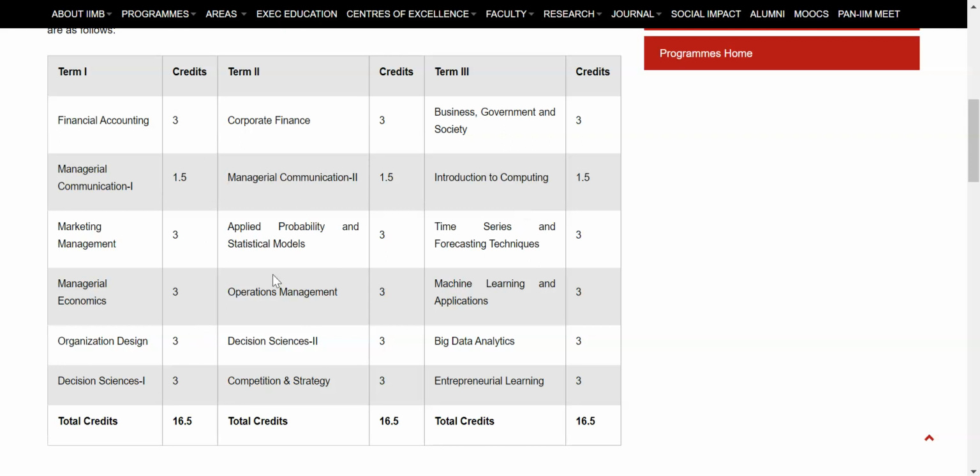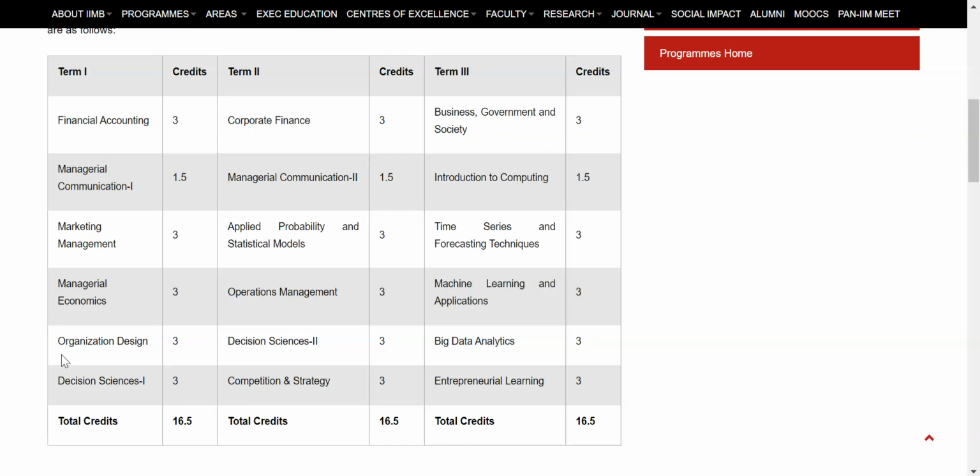But if you closely look at this entire thing: applied probability, amazing. Operations management, decision science, competition strategy, entrepreneurship, big data, organization design and decision sciences. All the core subjects of analytics as a domain are being taught to you in the first year itself. This is a really good thing.